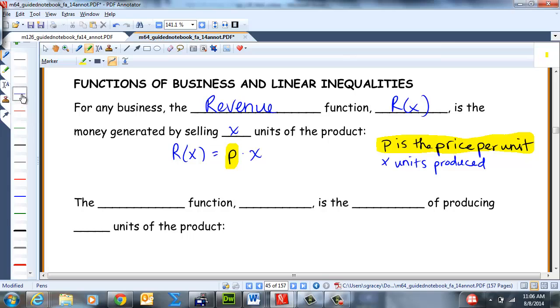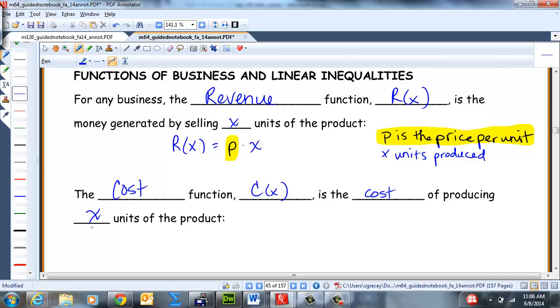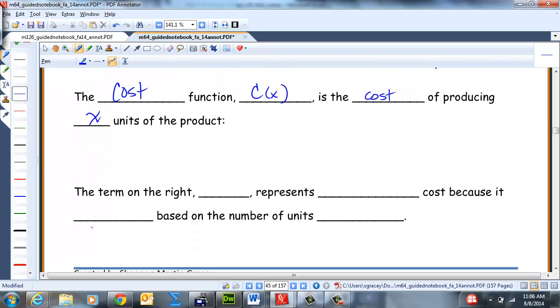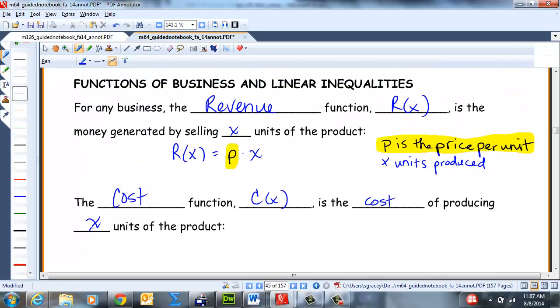Actually, I'm sorry, let me go back here. In this case, it's not X units produced, it's X units sold. Okay, for the revenue function.